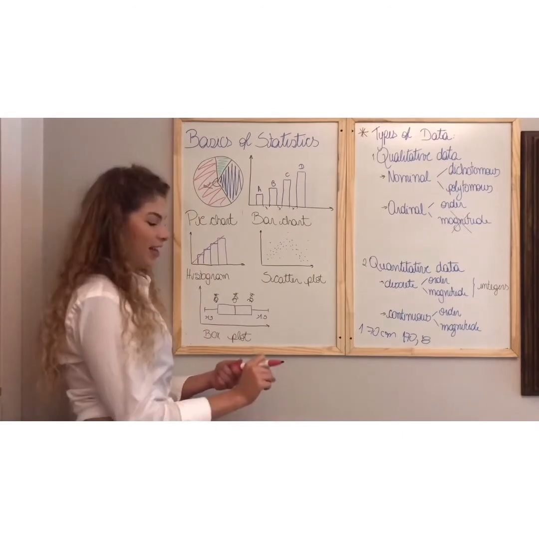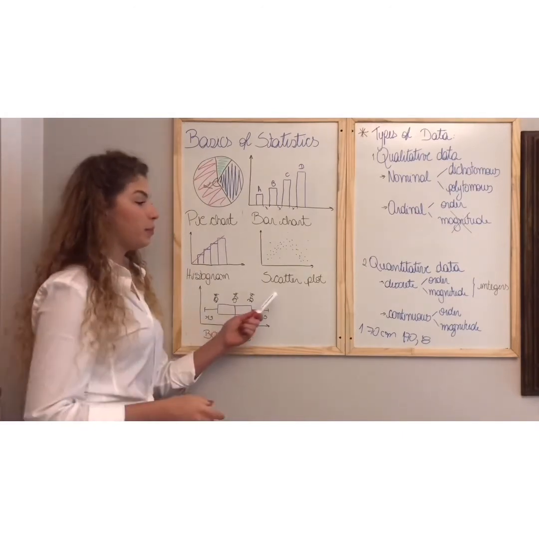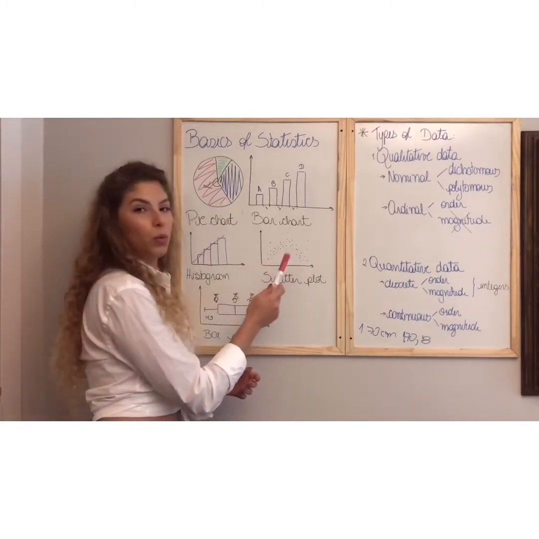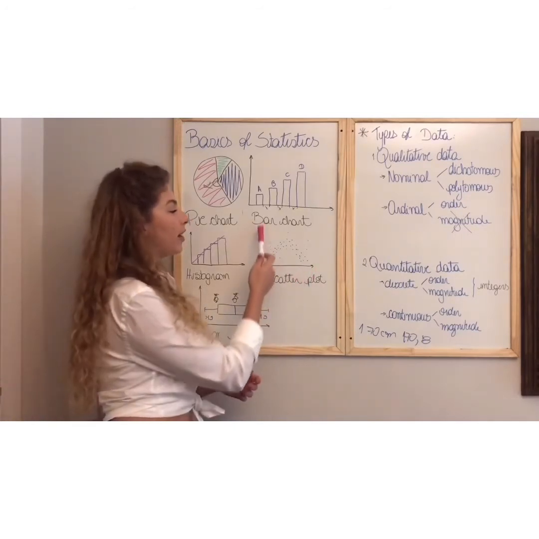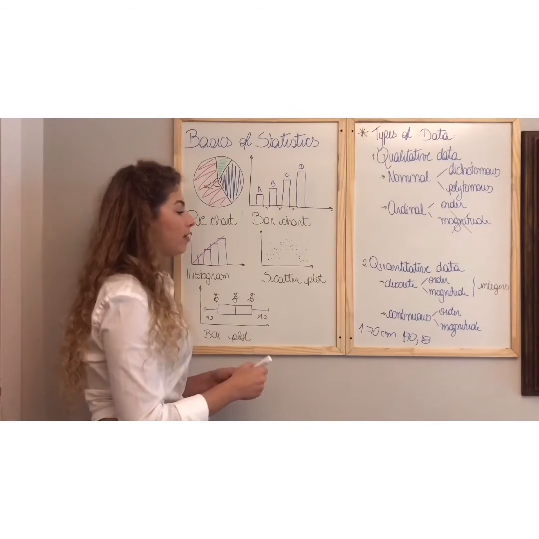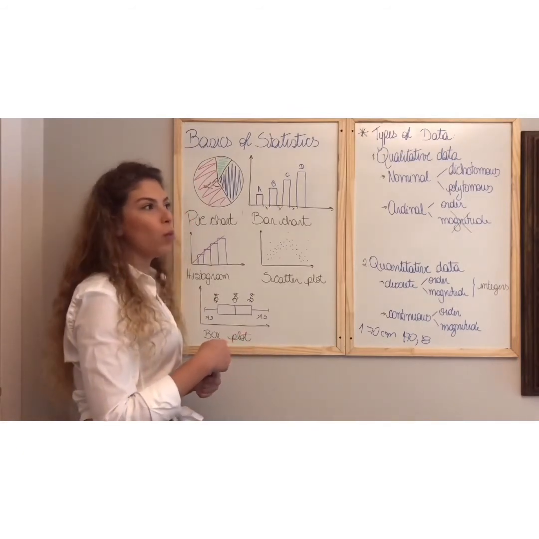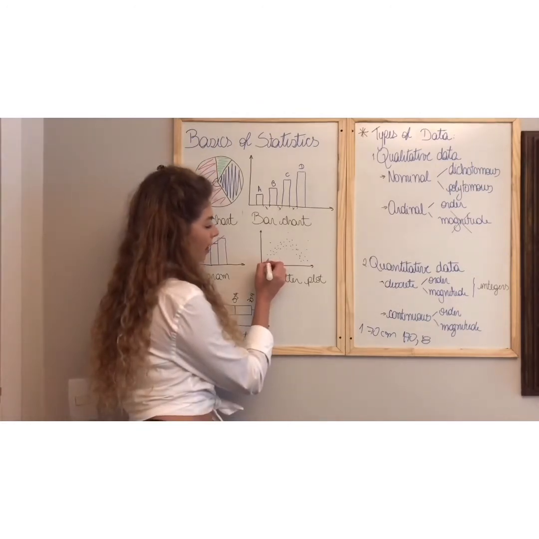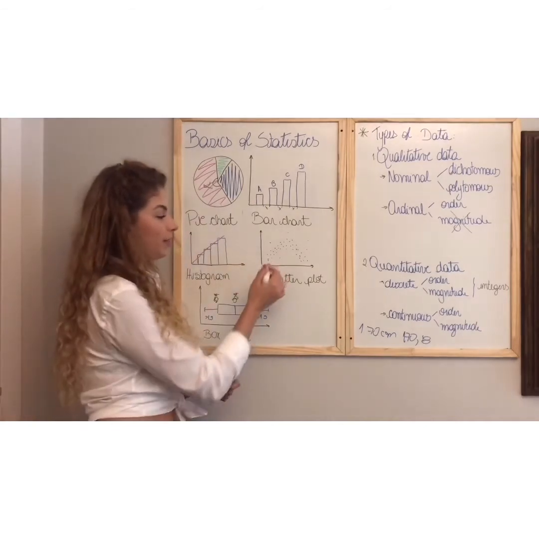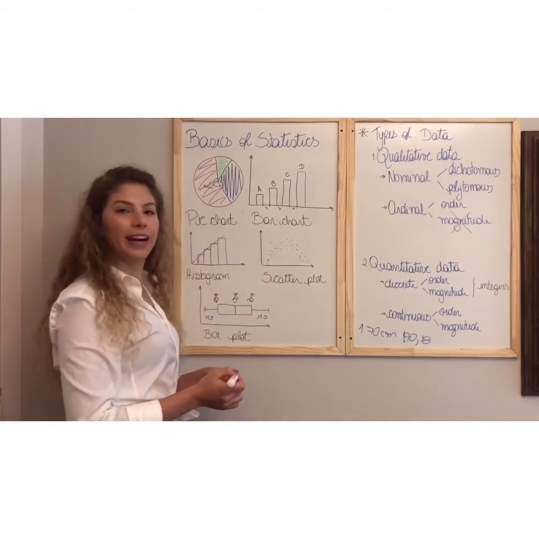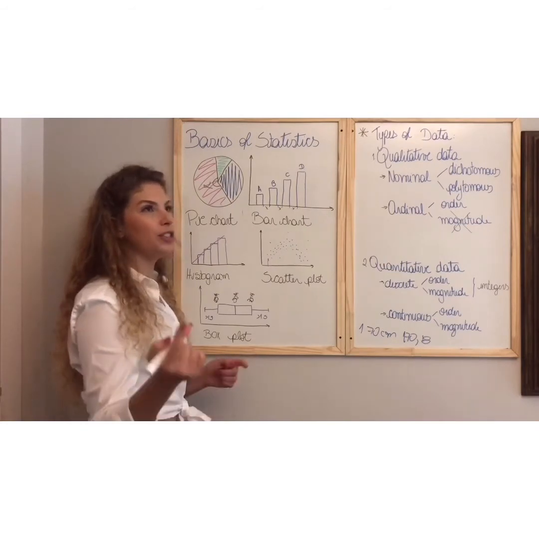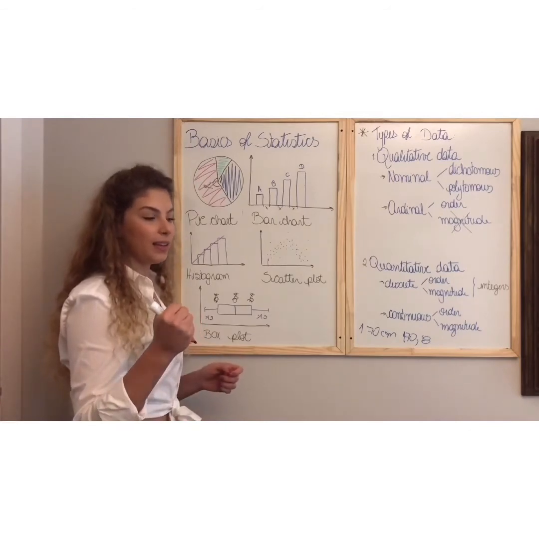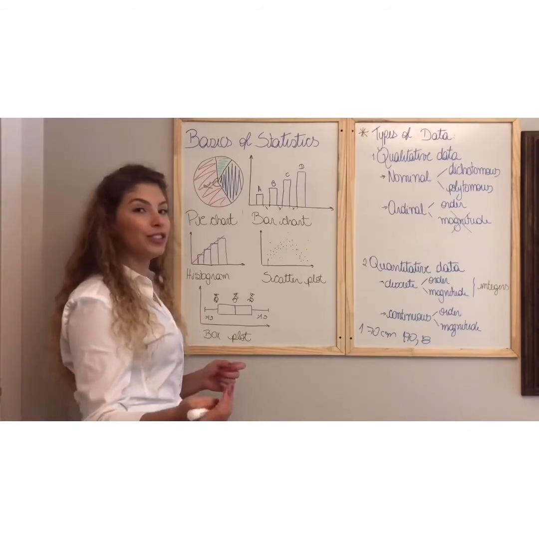Then we have a scatter plot. Each point represents one value on the x-axis and one value on the y-axis, but I can have more than one point for each x value. For example, I can have two points representing the same x value. That is the difference between a line chart and a scatter plot.